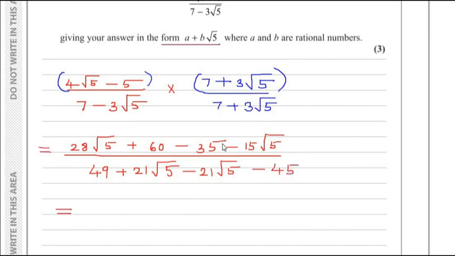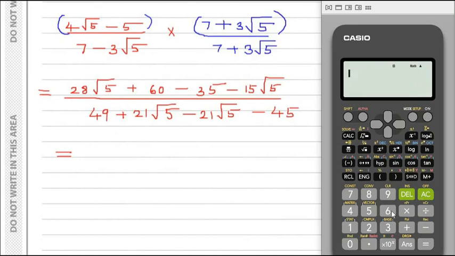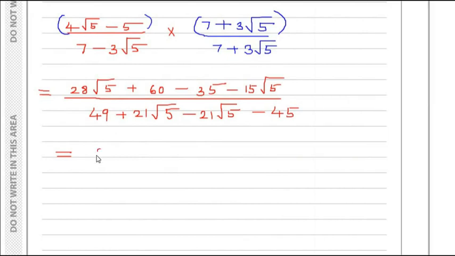So let us simplify the given expression. In the numerator we are going to combine the like terms. So 60 minus 35, they both are like terms, so we get 25.